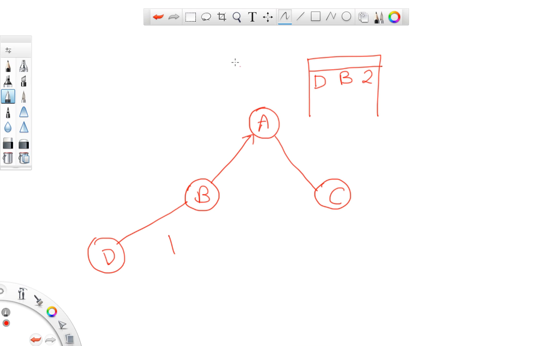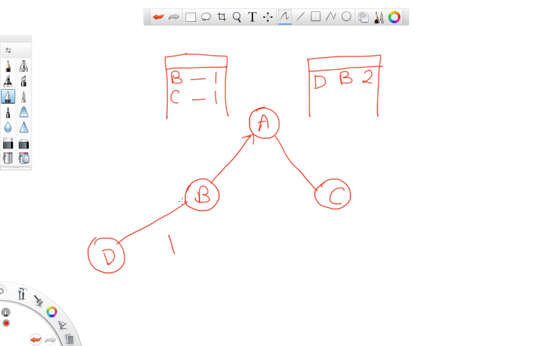And so A's routing table is initially looking something like this. Okay, this is A's routing table. So you have destination B, there's no next router, and the number of hops, 1. You have C, no next router, it's directly connected, number of hops, 1.